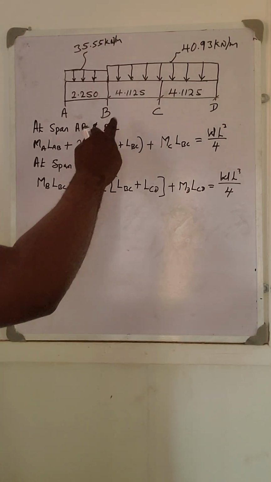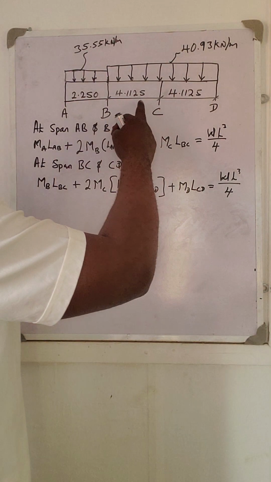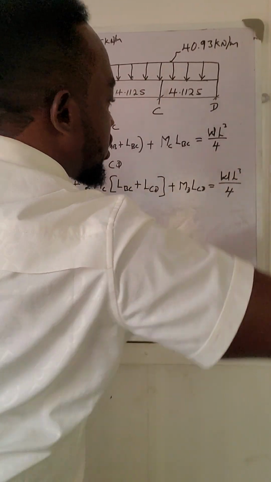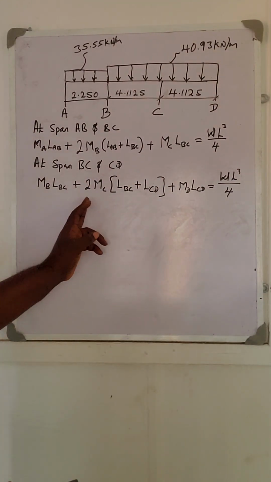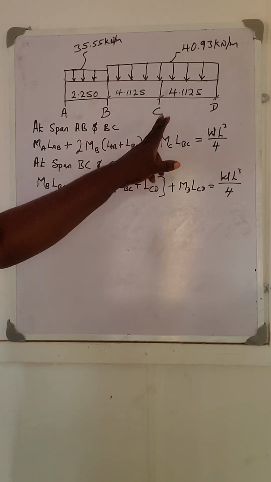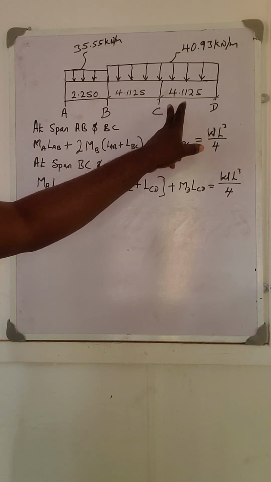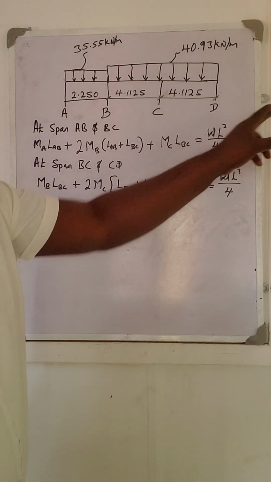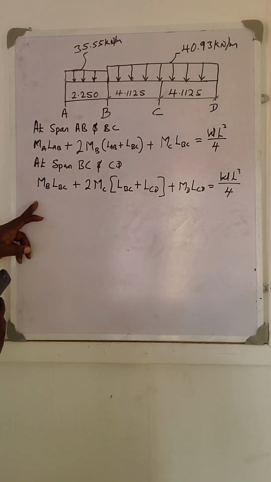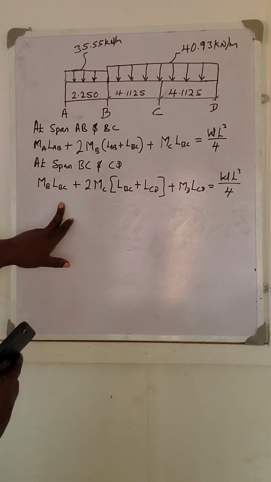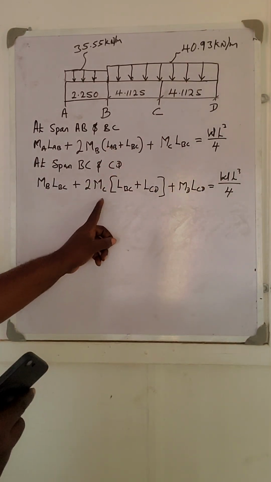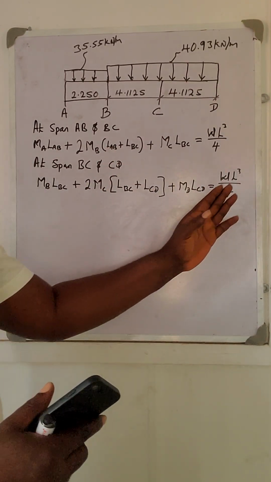Then, assuming the beam continues beyond D to E, F, G, you continue like that. When you are moving ahead to the span between C, D and E, you say MC LCD plus 2MD, just like that.